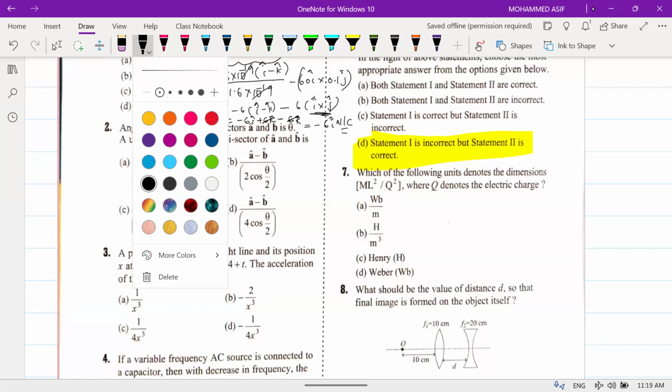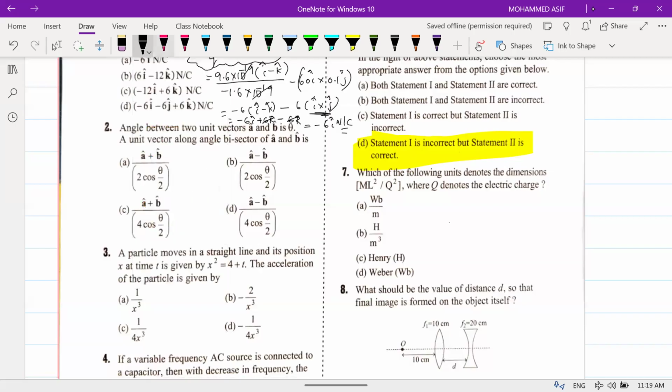Weber is the unit of magnetic flux. Henry, what is the Henry unit, beta? L, inductance unit. Like energy, U is equal to half L I square. L is equal to how much? 2 U divided by I square.